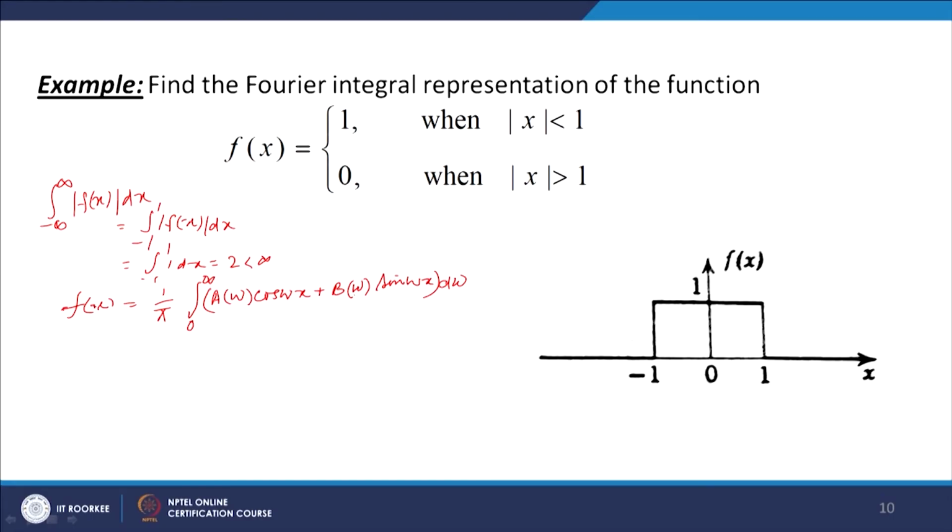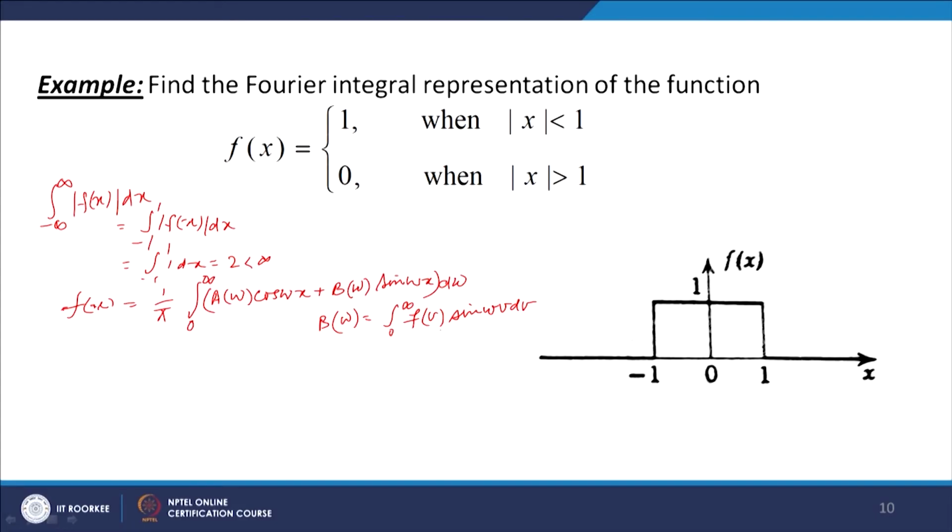Now, here we see that f is an even function. So, B(omega) is equal to the integral of f(v) sin omega v dv. Since f is an even function, sin omega v is an odd function.